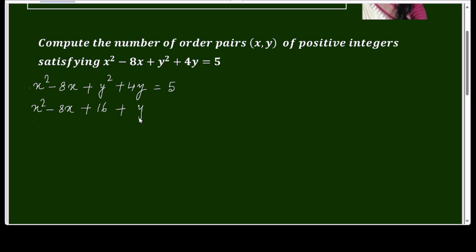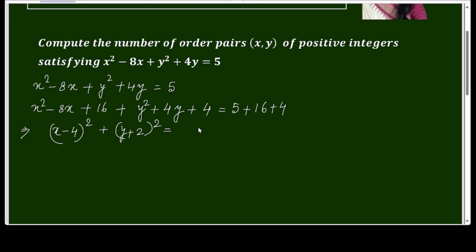Similarly, second term y square plus 4y, I need another 4 to make a whole square. So I added 16 and 4 on the left hand side, so I must add on the right hand side. So this gives me x minus 4 whole square plus y plus 2 whole square is equal to 25. 25 is 5 square.